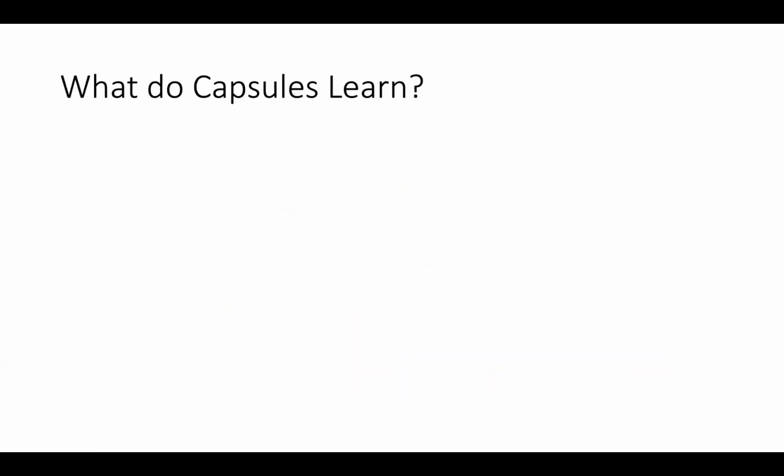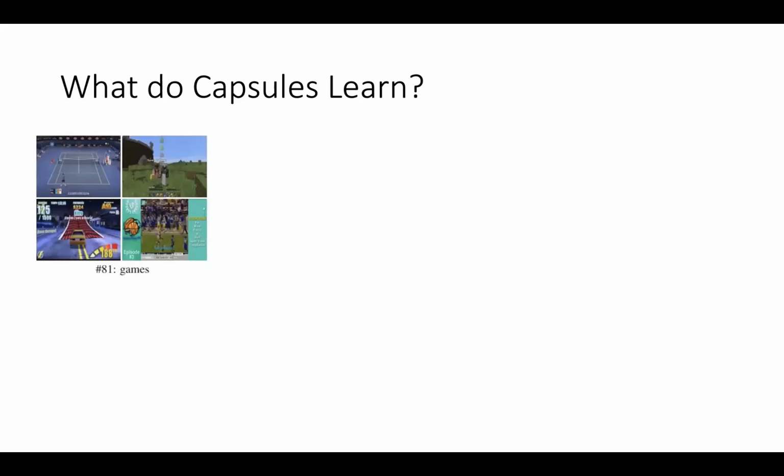One additional analysis that we perform is we attempt to learn what these capsules are learning. In this case, we do not have supervision. This is all self-supervised. So we don't know the correspondences of what entities these capsules are learning. In this case, we find out that the capsules do learn meaningful representations.